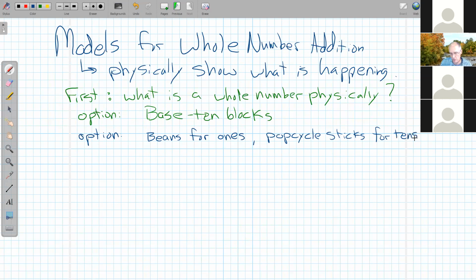And teachers even have the kids make them, like glue 10 beans to a popsicle stick to show 10. And each kid would have their own set of popsicle stick beans, and they can paint them and have fun. So it could be like an art project too, arts and crafts and math.